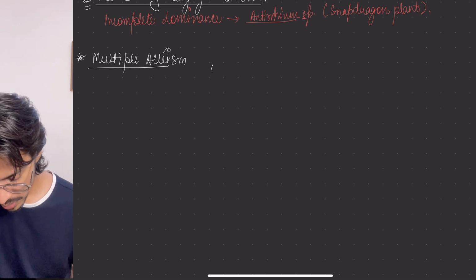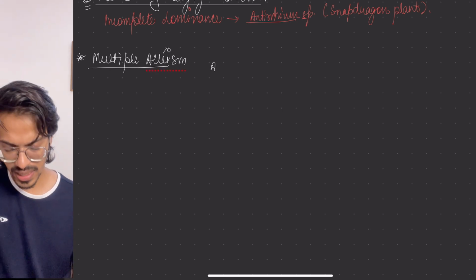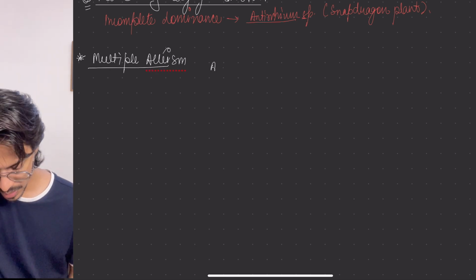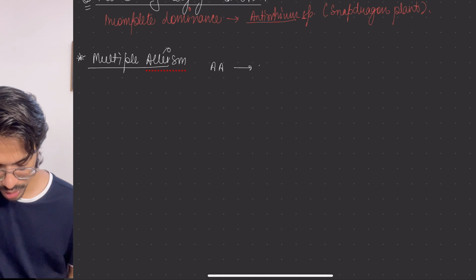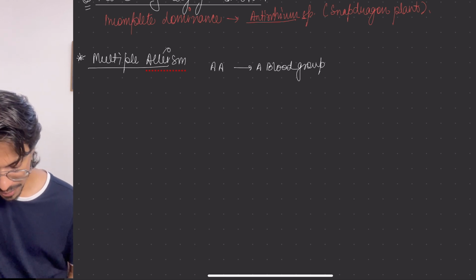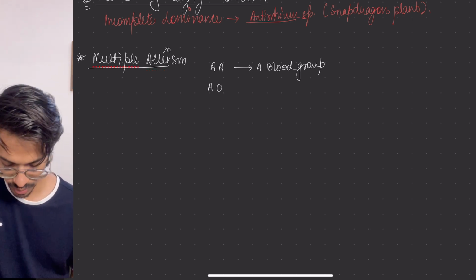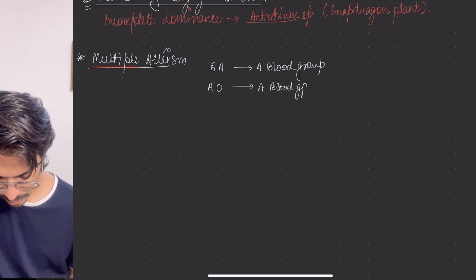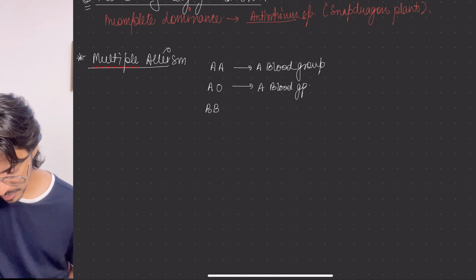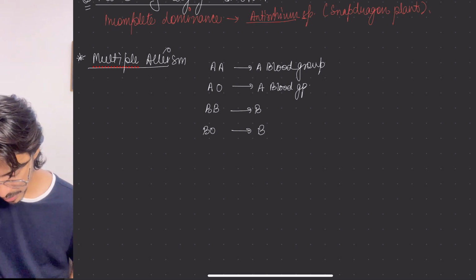For example, a person having A allele has either AA, where both segments are A, and the person will have A blood group. If it has A and O, O is a recessive one, so it is still the A blood group. Then if it is BB, it becomes B blood group. BO, B blood group.